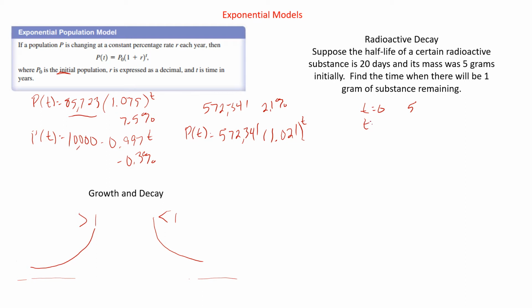At time t equals 20, we have half of that, so we'd have 2.5 grams. At time t equals 40, we'd have half of that, so we'd have 1.25 grams. And so every 20 days, we just have half of whatever we had at the beginning of those 20 days.